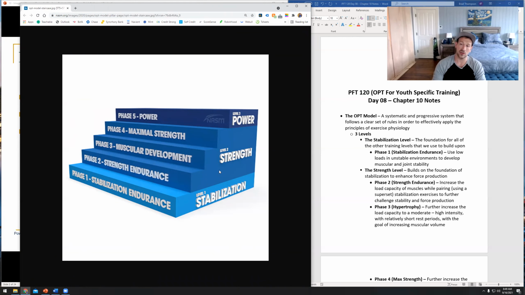When you're doing that, you have to consider the physiologic outcomes of those sets and the physiologic adaptations of those reps. That's a lot of work.